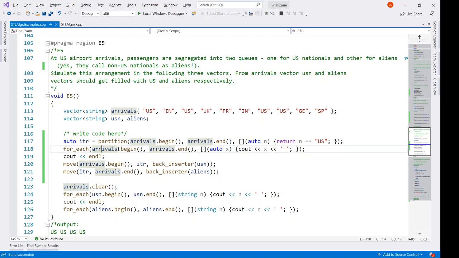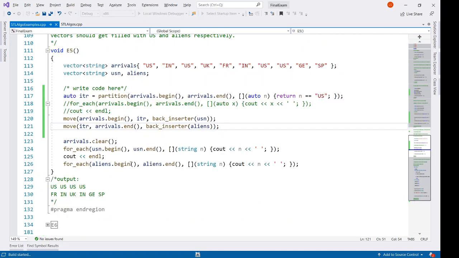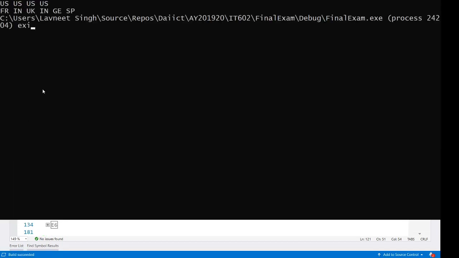So if we remove this from the program, we will get exact same output as we have in the question. So here is the expected output, and here we have the exact same output.